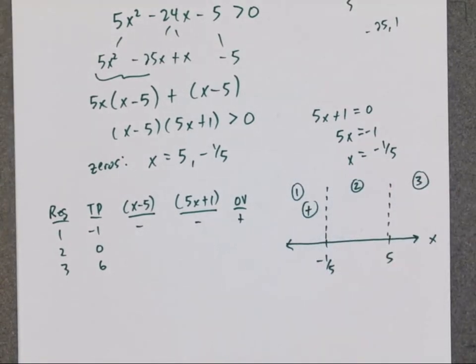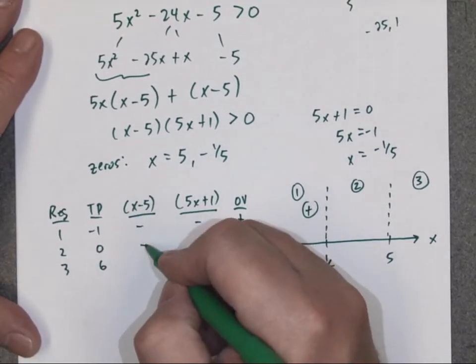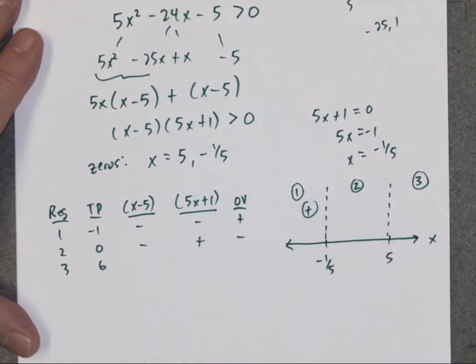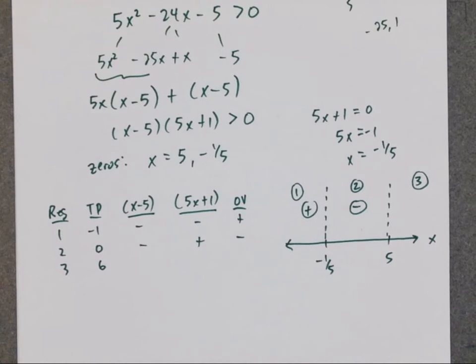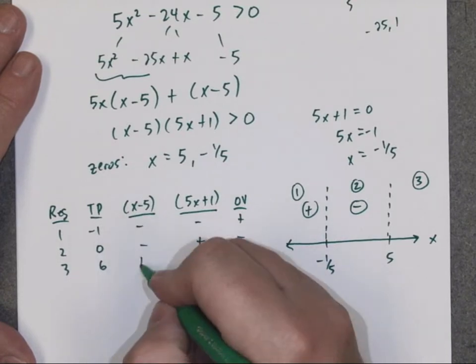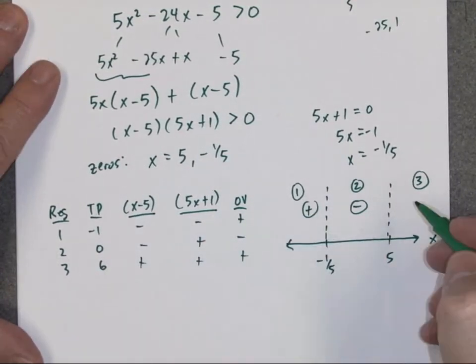Region 1 is a positive region. Region 2, test point is 0, negative, positive, multiply these together, it's negative. So region 2 is negative. Region 3, if I plug in a 6 for x, positive, positive, 2 positives make a positive.